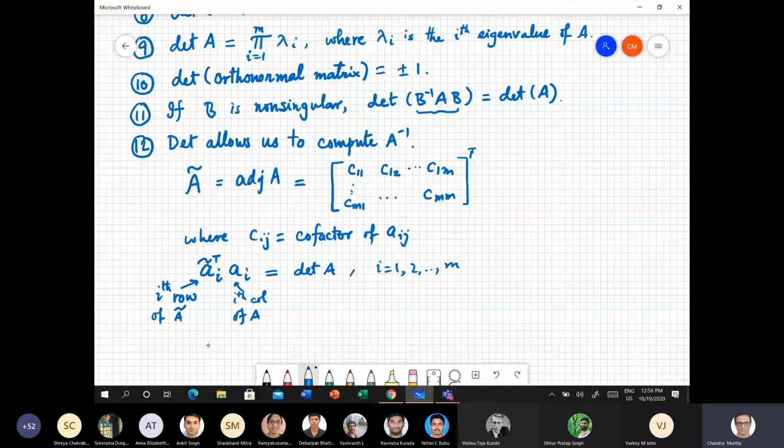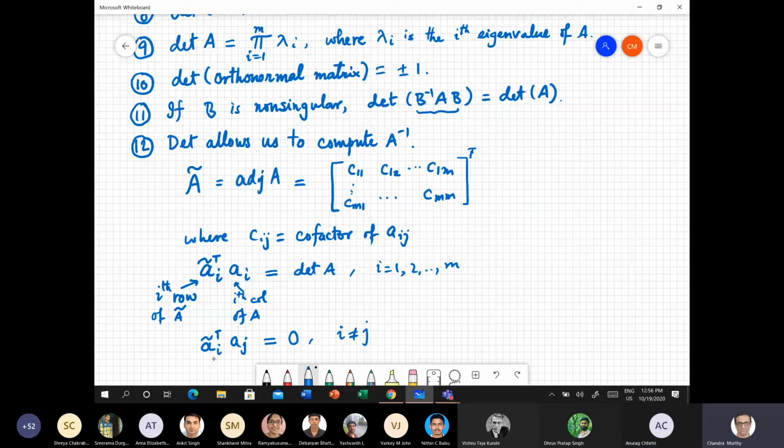Similarly, if I take A i tilde transpose times A j, what will this be equal to? Any idea? 0. Why do you say 0? Sir, I can't give a formal proof, sir. Yeah.